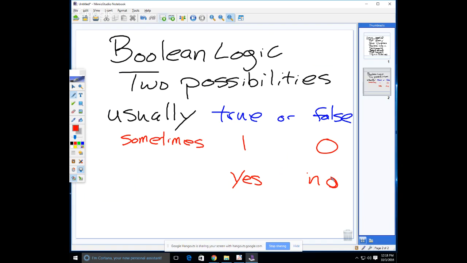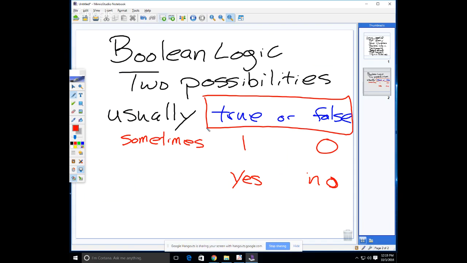The yes could be true, but the yes could be false in a different situation. Okay, but true and false are the basic things about Boolean logic. And so we'll play with different ideas and the true and false. So those are the Boolean possibilities.